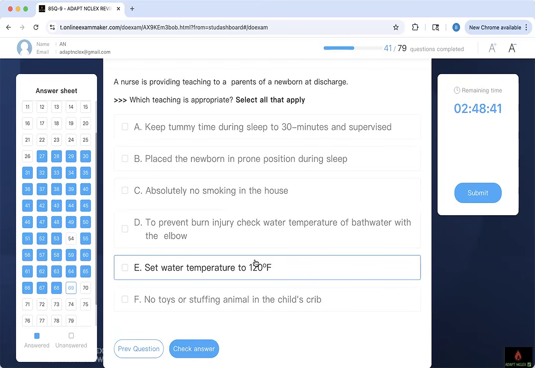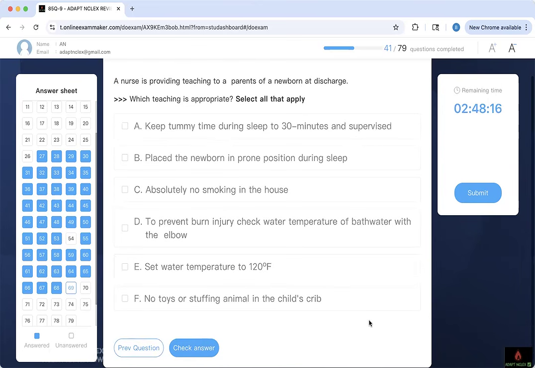Absolutely no smoking in the house. To prevent burn injury, check the bath water temperature with the elbow. Set water temperature to 120. No toys or stuffed animals in the child's crib. Look at it carefully. Newborn going home. What will you provide to the parent? That's all.